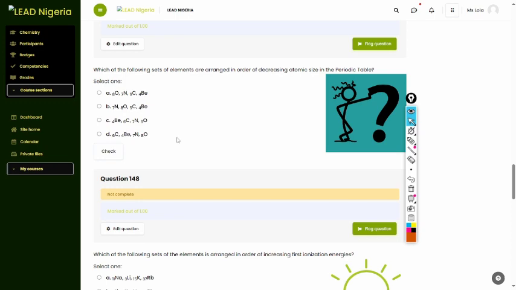The nuclear charge refers to the number of protons in the nucleus, which is also the atomic number. So as you go across the period, atomic number increases, which then increases nuclear charge. When nuclear charge increases, there's a stronger attraction between the nucleus and the outermost electron. So if there is a stronger attraction, you need more energy to remove an electron from the outermost shell.